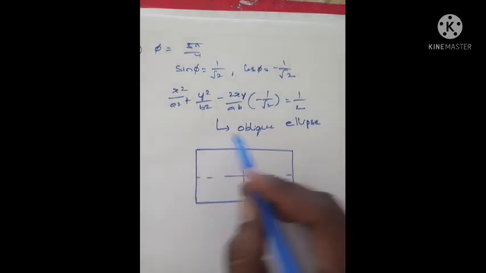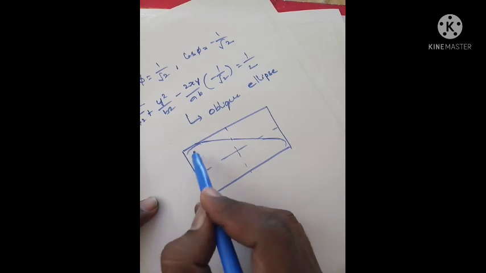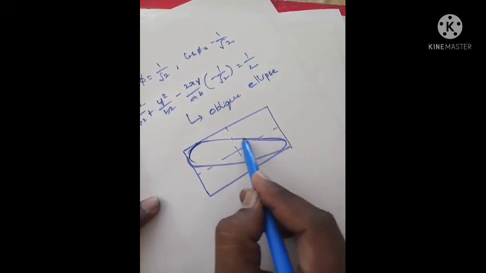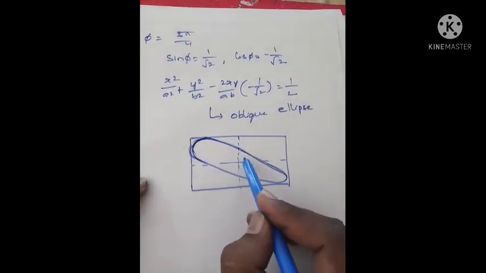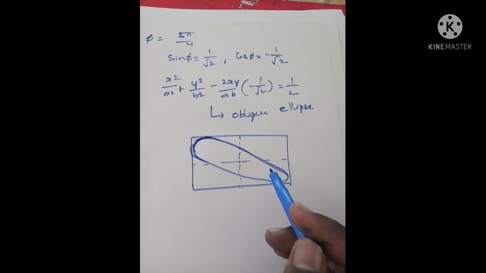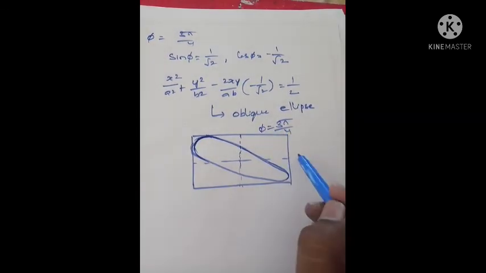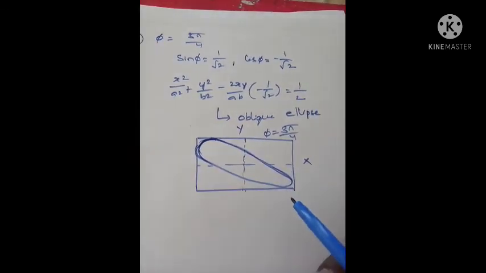The picture is like this, where phi equals 3 pi by 4. This is the x direction, y direction, so this is the shape.